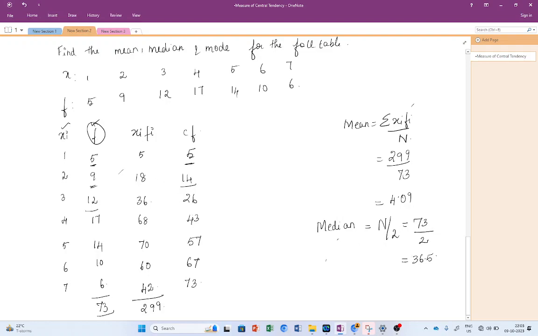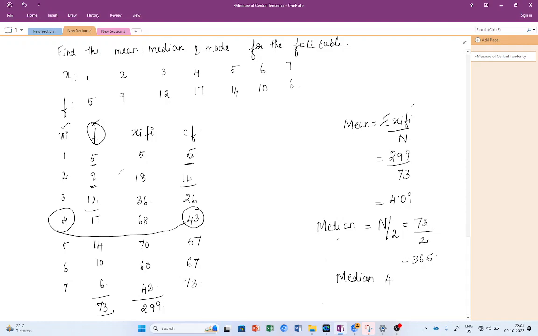So here you can see that 43 is the value in your cumulative frequency which is greater than 36.5. So the corresponding, this is not your median, but the corresponding x value is only your median. So your median is 4.